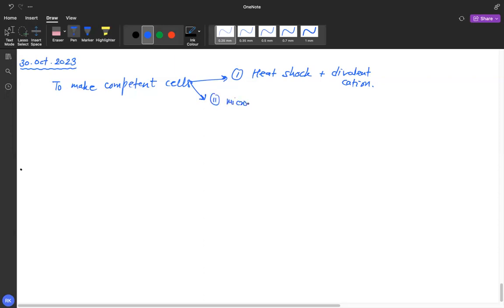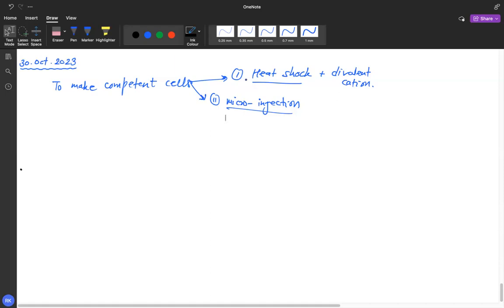It is straightforward, as the name says. You take the plasmid in a small microinjection needle and inject it inside the cell without killing the cell. There will be some damage, but the cell will heal up because it won't be too much.